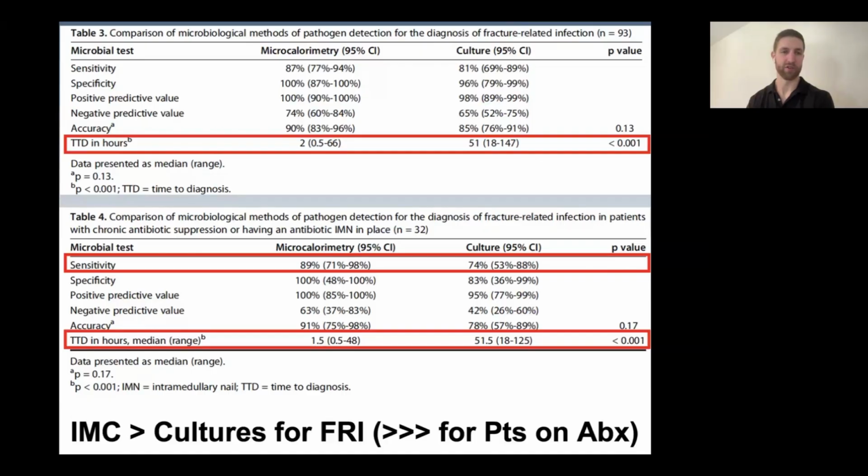It may end up diluting any antibiotics that are still present in the culture sample, and that may allow us to detect the bacteria and allow them to survive in the calorimetry, as compared to culture, where that really doesn't happen. They just get plated. If the antibiotics are still present in the sample to any extent, it may be inhibiting growth and limiting that capacity. That's just our working theory at this point, but it is a pretty dramatic improvement nonetheless.